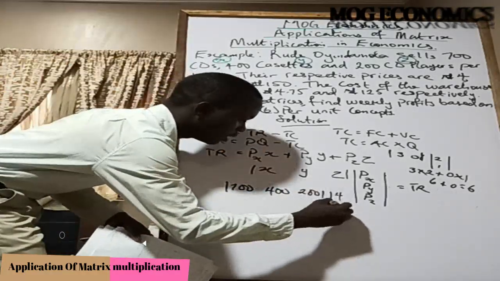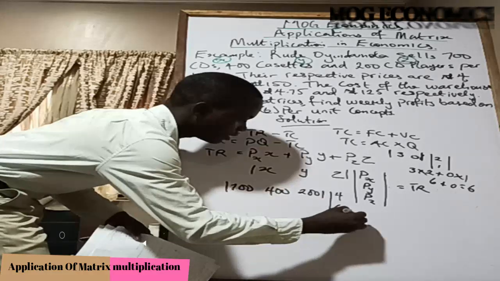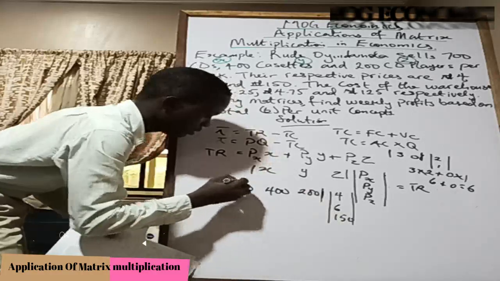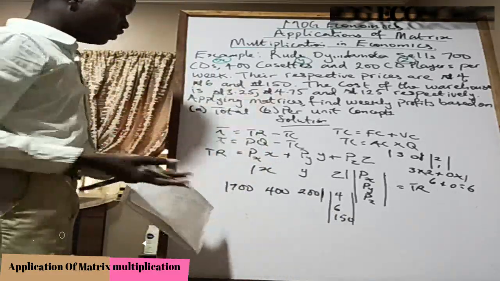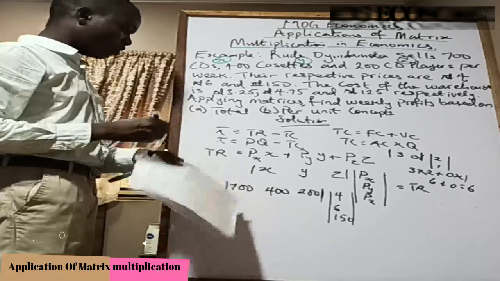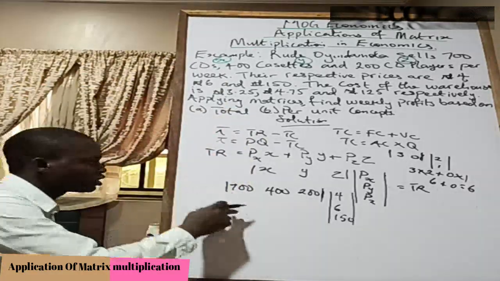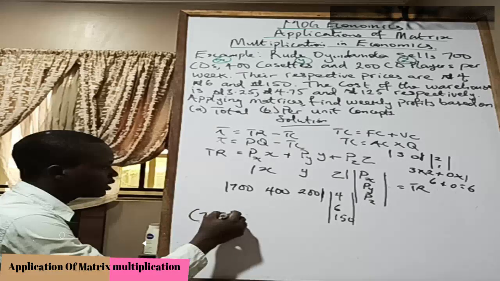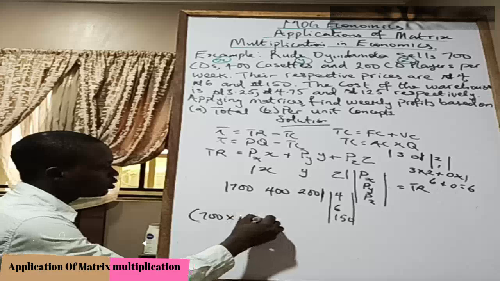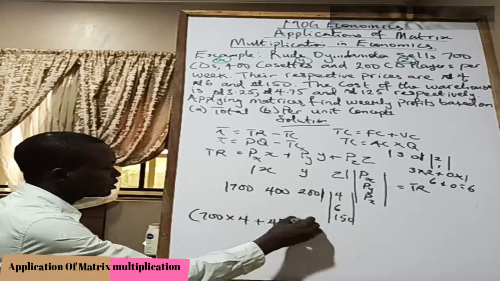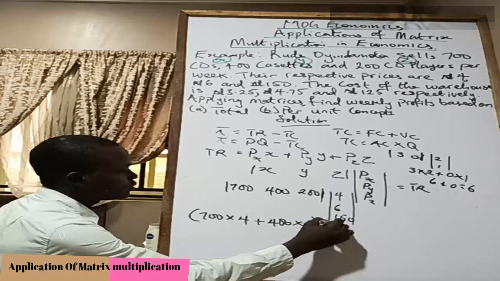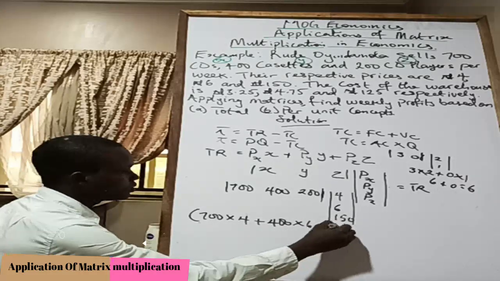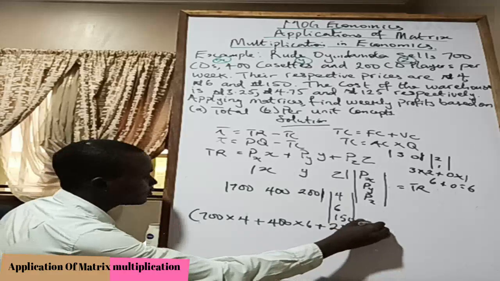Using the multiplication method, we are going to have 700 multiplied by 4, then plus 400 times 6, then plus 200 times 150.